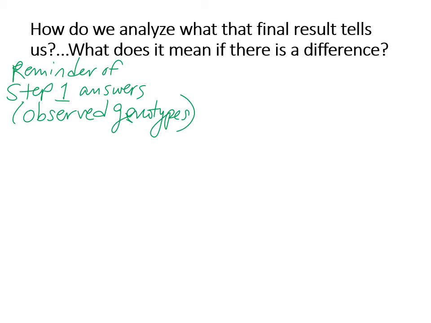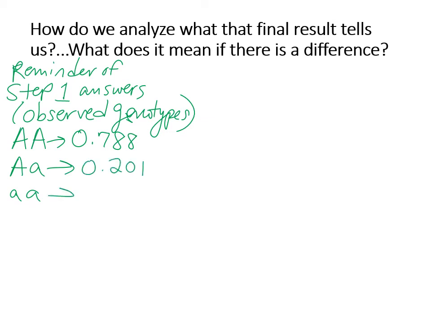Observed genotypes, okay? We said we have our 3 genotypes. Capital A, lowercase a, that frequency was 0.788. Heterozygous was 0.201, and the recessive was 0.011.